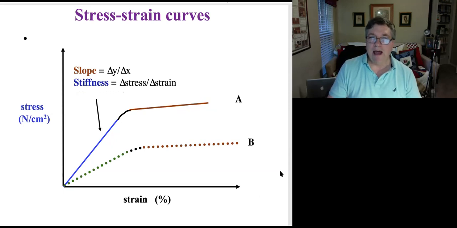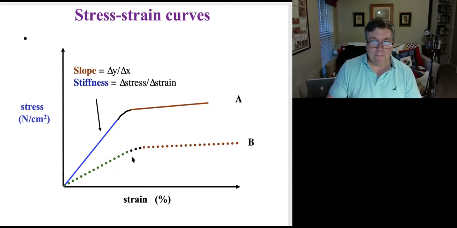So for example, I have two bones. We have maybe Amy and Betty. So with Amy, when we look at the slope of the line, it's clearly steeper. So there's a greater amount of change in stress for a given change in strain. So it takes more stress to basically bend it or stretch it or compress the bone.